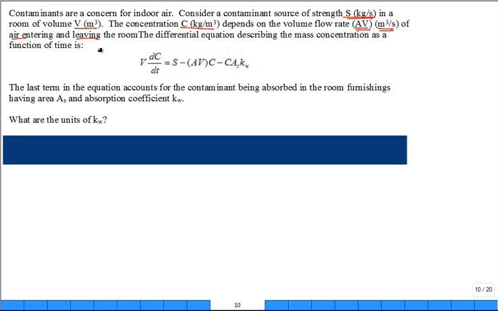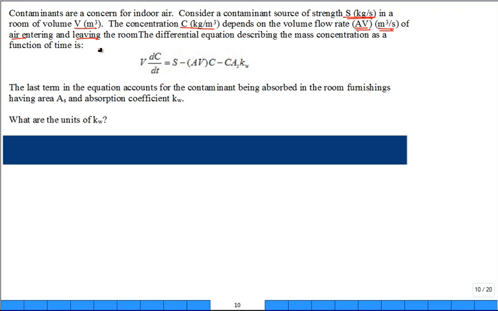So you're bringing in uncontaminated air. It comes into the room, it's well mixed, and so there's some contamination now, and that is leaving. So if I bring in so many meter cubed per second of uncontaminated air, I have to take out the same amount of meter cubed per second of contaminated air.